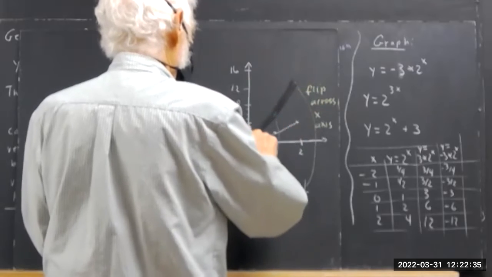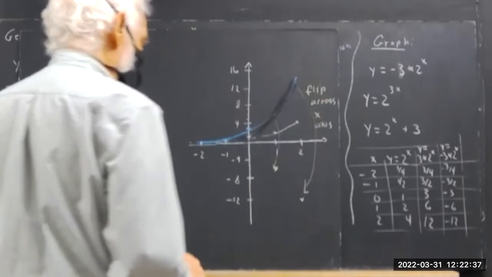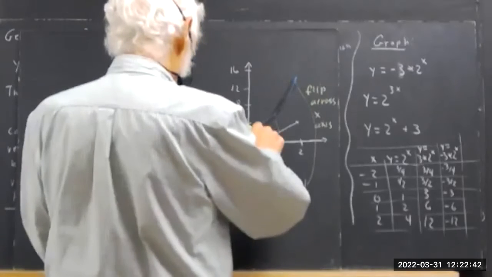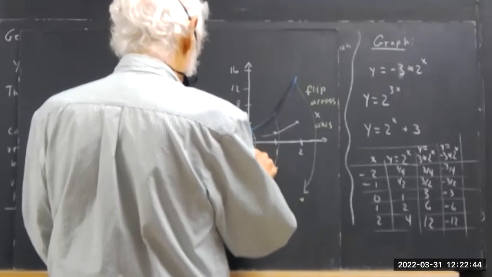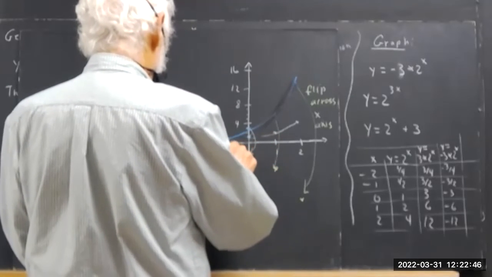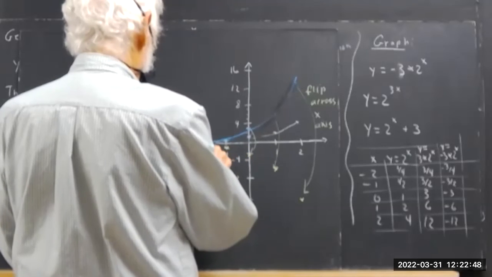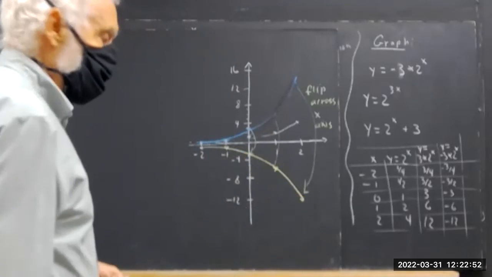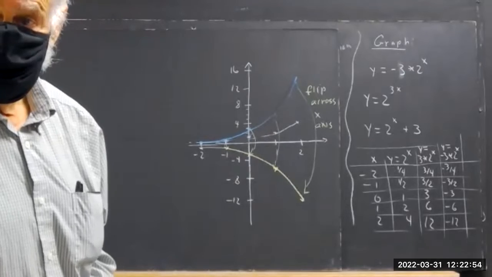Here. That's more like this anyhow. Okay. So we flip this point down here. And we flip this point down here. And we flip this point down here. And there we got our graph.